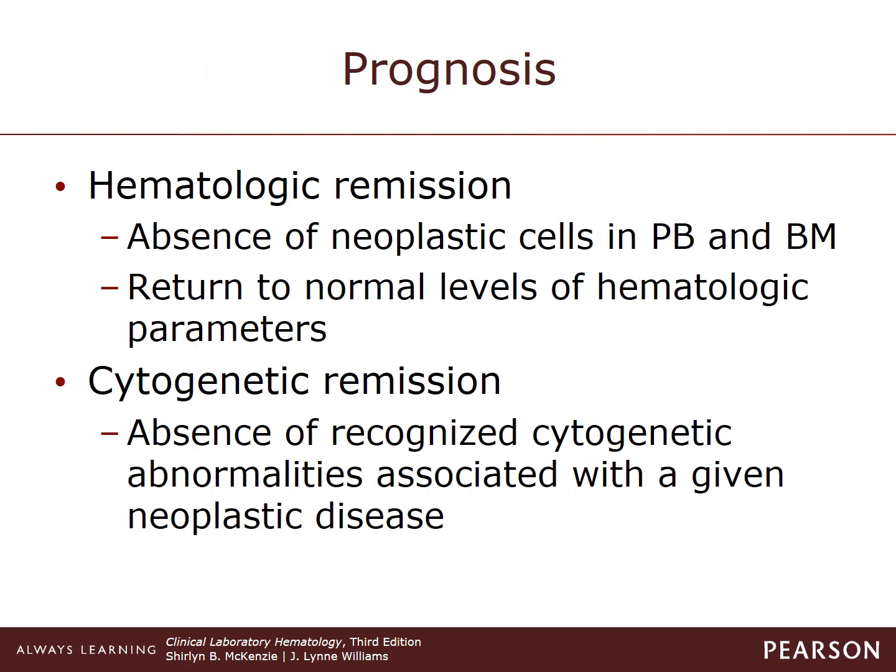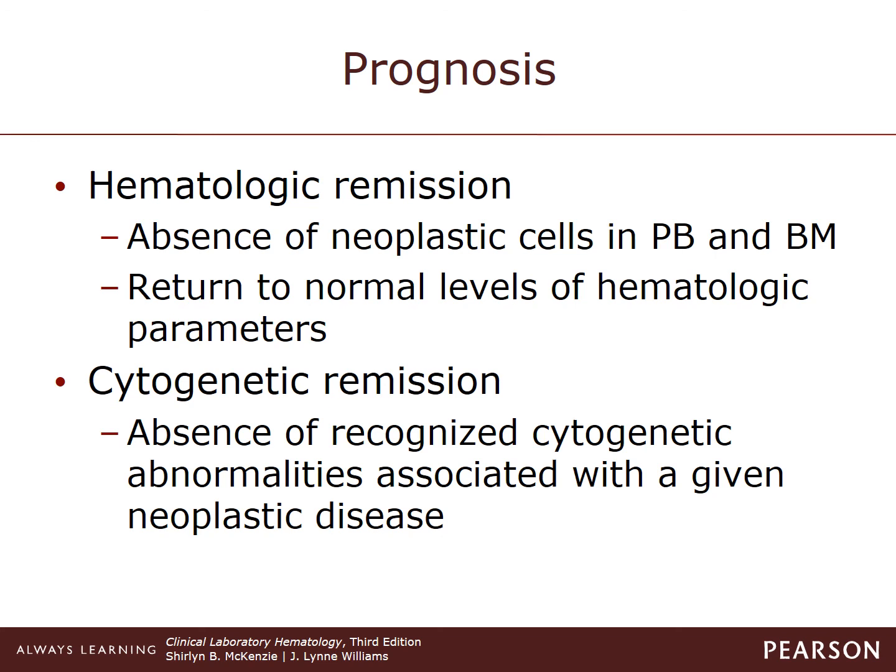Now, prognosis, or the patient outcome based on these conditions, really relies on if the patient is able to go into remission. So if you're talking about hematological remission, you want an absence of any of those neoplastic cells in the peripheral blood and the bone marrow. So usually, after treatment, these will return to normal levels of hematological parameters.